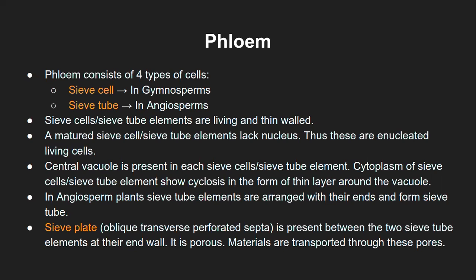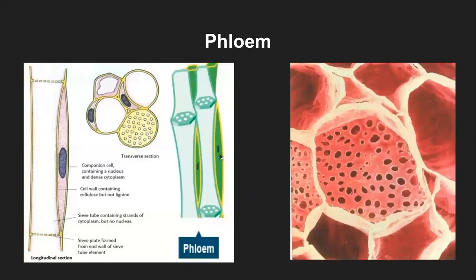What you get ultimately is the end-to-end arrangement of the sieve tube. Let me see if I have a diagram here. Let's assume this is one sieve tube and this is another sieve tube. Their ends match with each other, and that is what is meant by the end-to-end arrangement.